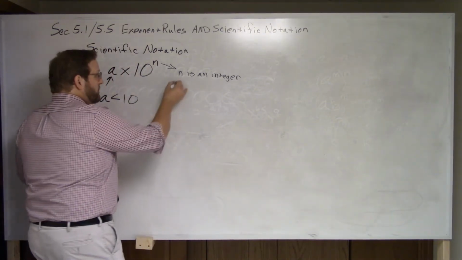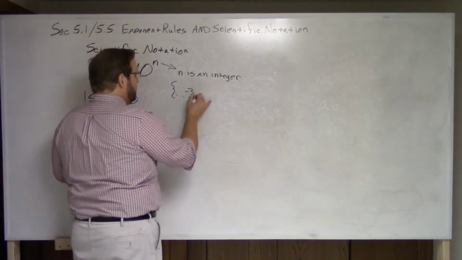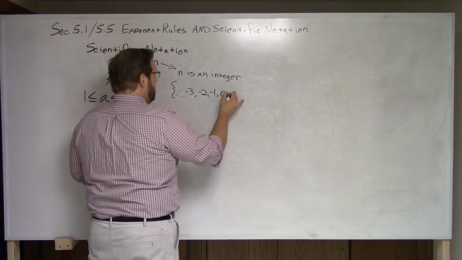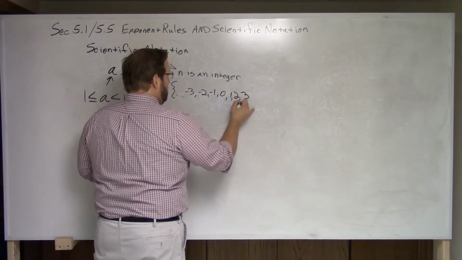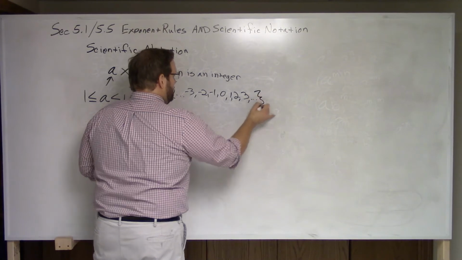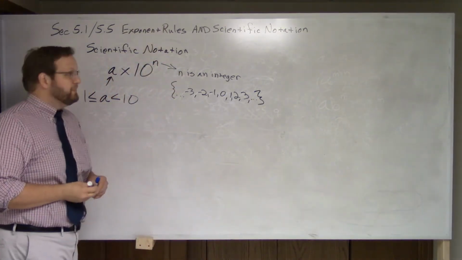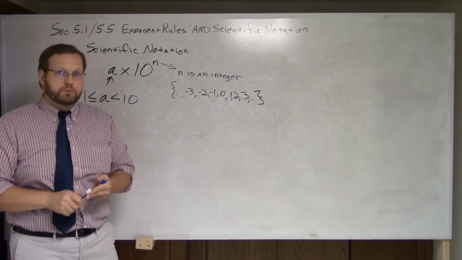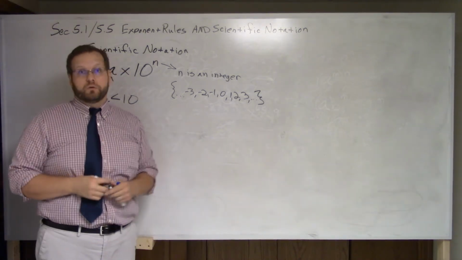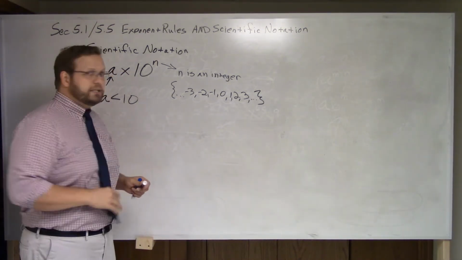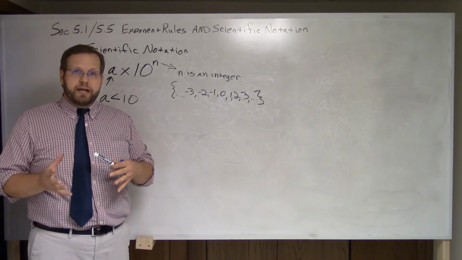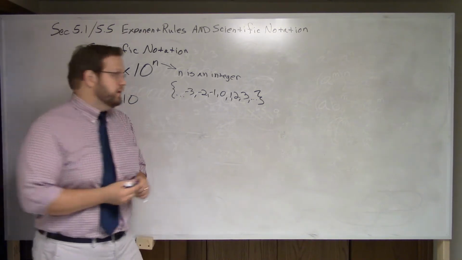An integer, remember, is going to be one of those values there. A solid number, no fractions or decimals, but it could be positive, negative, or zero. Okay? Now, let's start just converting some numbers back and forth, and then we'll finish up with those calculations.